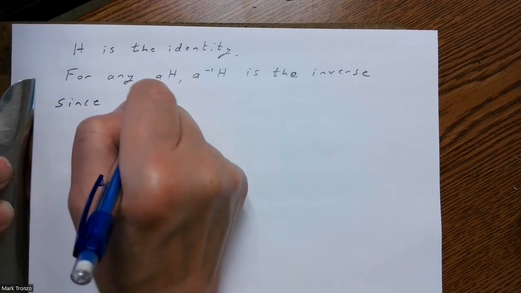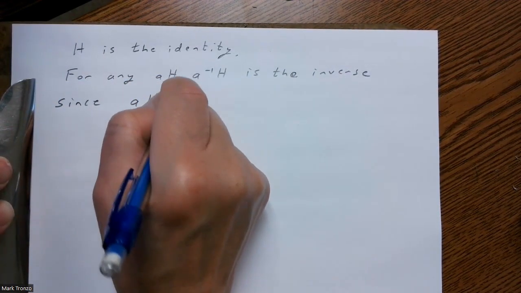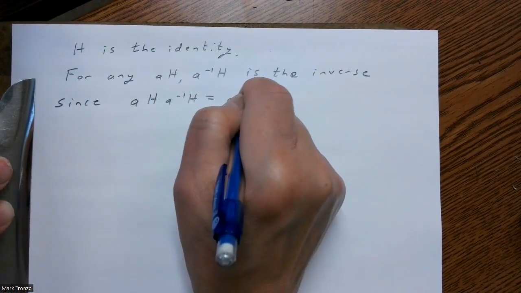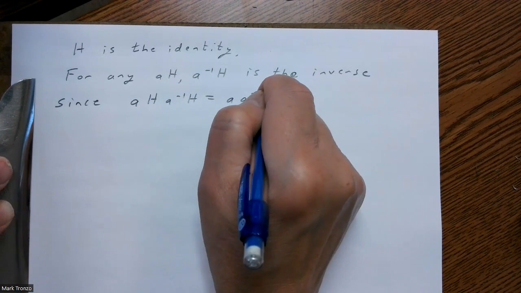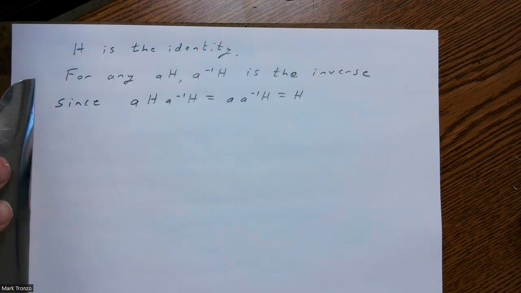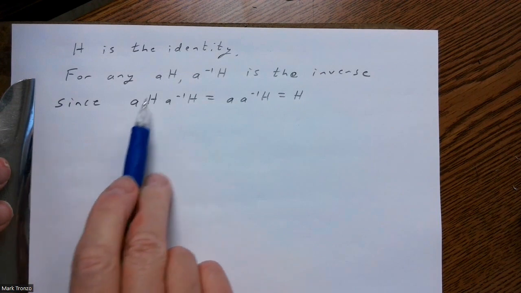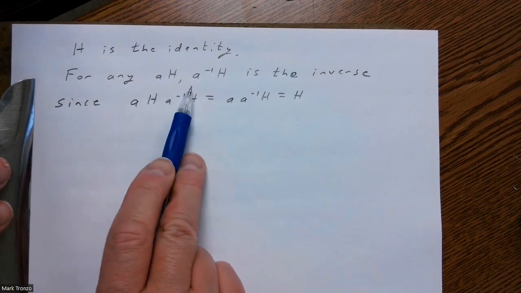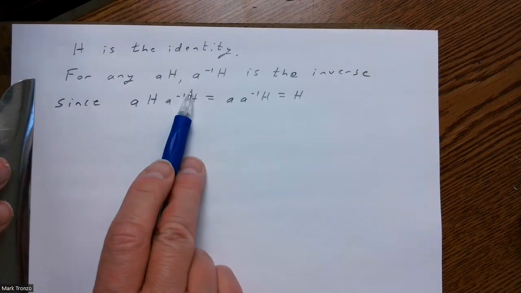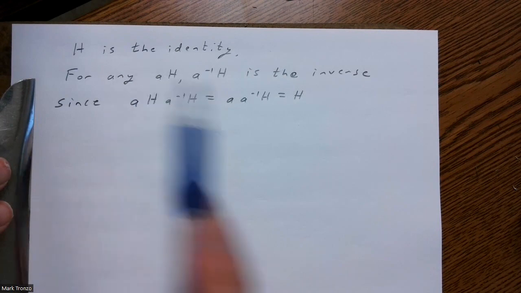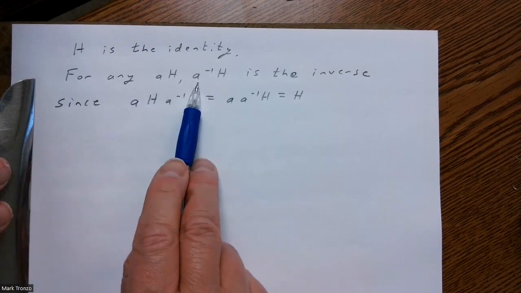Since A inverse H times AH is equal to H. So if you want to find what the inverse of any of the elements are, you can pick what the inverse would be in the original group. So if you have AH, its inverse in the original group is going to be A inverse.